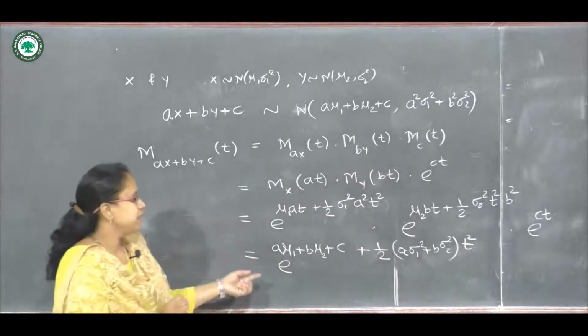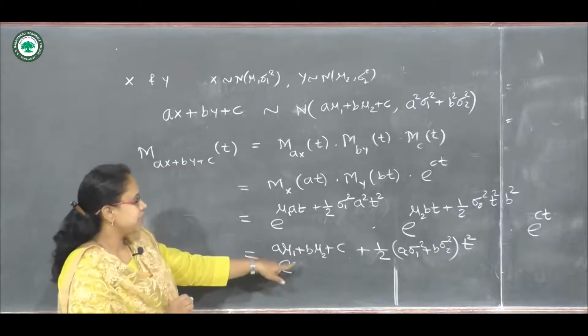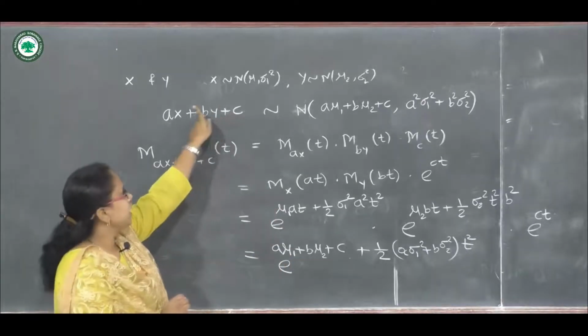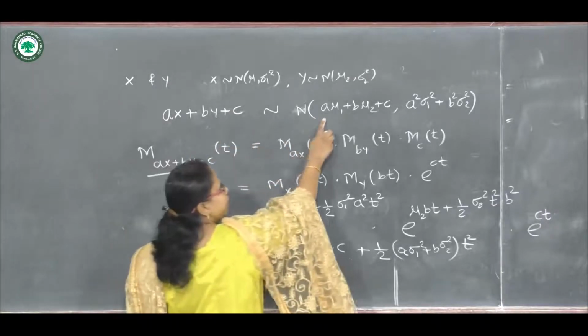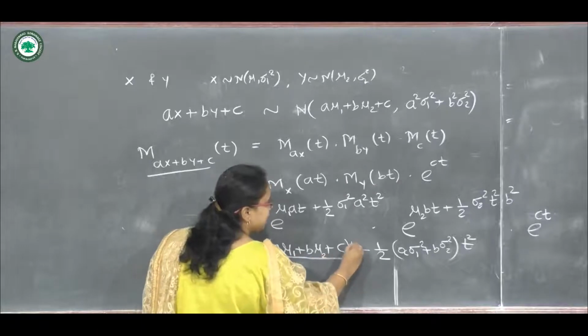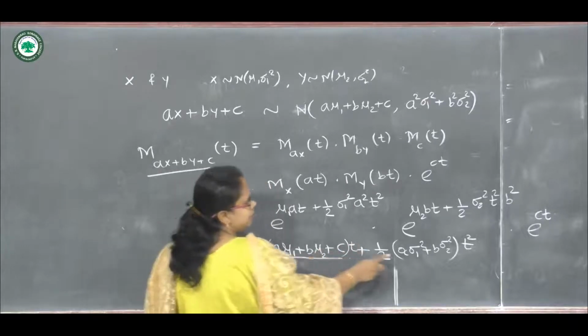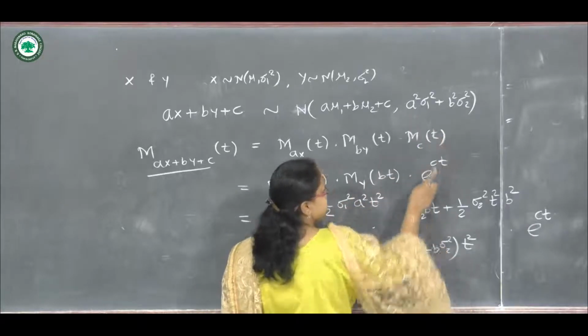So here, by using the uniqueness property of MGF, we can write that ax plus by plus c will follow normal with this first parameter, a mu 1 plus b mu 2 plus c, and this second parameter, a square sigma 1 square plus b square sigma 2 square.